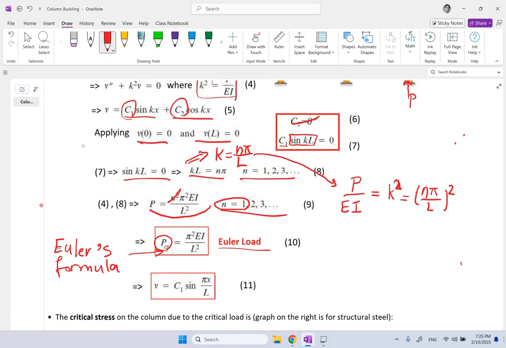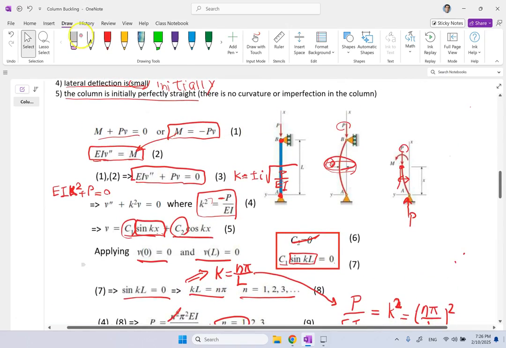And of course, if you plug that K back into the shape of the buckling, you see that the solution for the shape of buckling is going to be sine of Kx. And K is n pi over L, and n is 1. So the shape of the buckling curve in general is going to be a sine function.